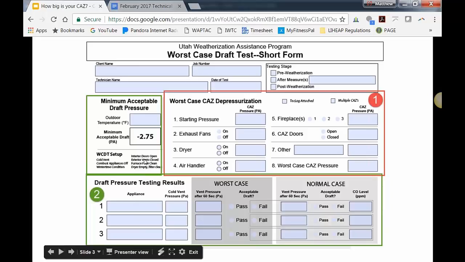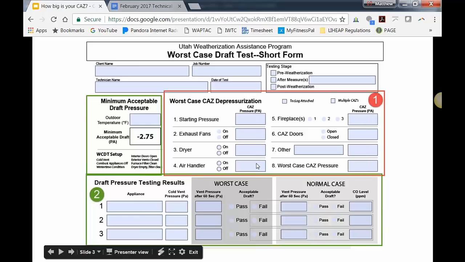So when we're putting the CAZ in worst case depressurization, we're turning on anything that would cause the house, or the CAZ itself, to depressurize. And it's not always very clear. Most of the time you're turning exhaust fans on, but in some situations you're going to turn them off, because that would put the CAZ into its worst case, or it would depressurize the CAZ more.